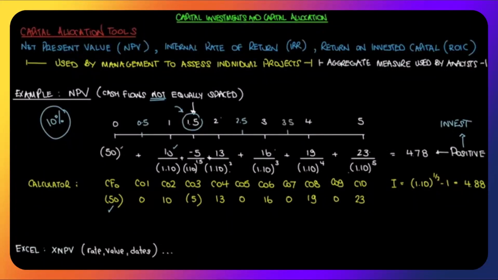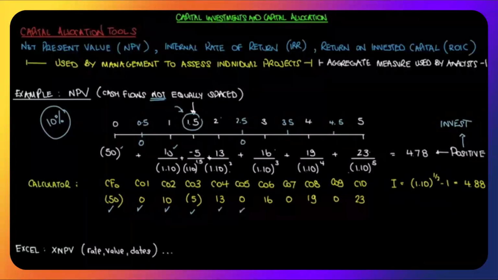So I'm adding in a cash flow for all these periods. The first half was 0. Then I got my 10 when I got to a year, my -5 for 1.5, my 13 at T2.